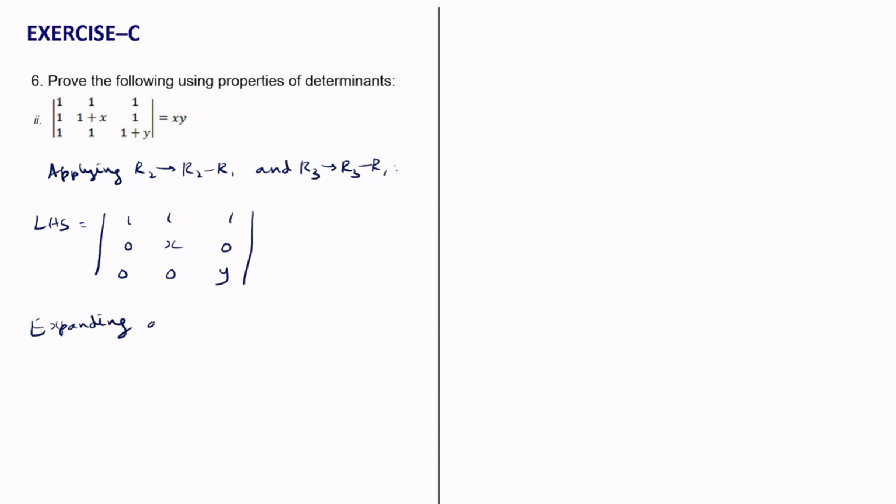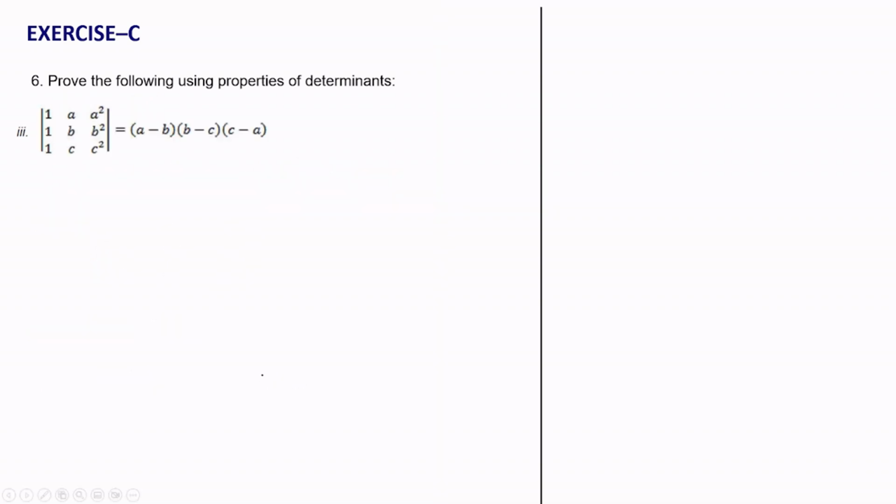Expanding along C1, delta is equal to 1 into xy minus 0, so 1 into xy, and all the other terms are 0. So this is equal to xy, which is equal to the right hand side.